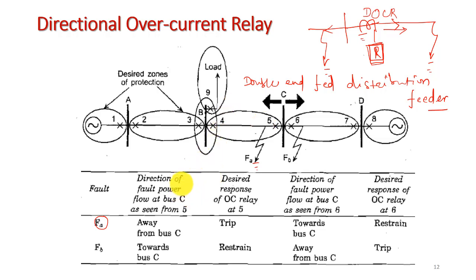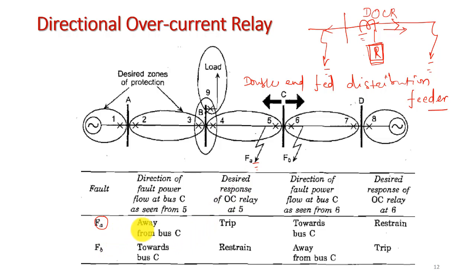So, direction of fault power flow at bus C. Observe now the power flow at bus C as seen from relay 5. When the relay sees the power flow from bus C, how will it look?